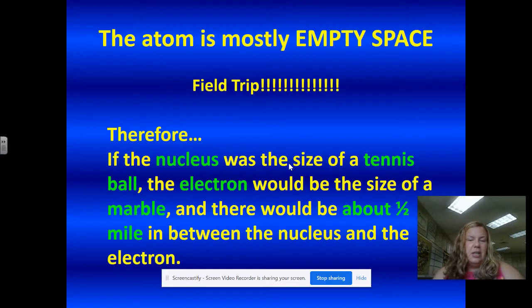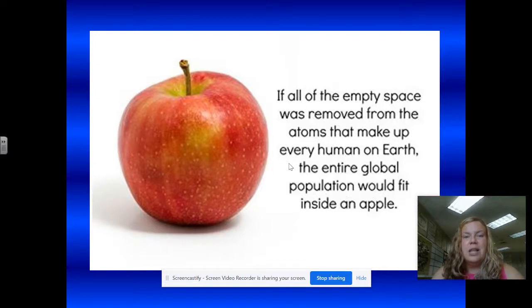Here's another way to think about it: if the nucleus was the size of a tennis ball, there would be about a half a mile difference between the nucleus and the nearest electron. I love this little fact here, and actually this was made before the population was over 7 billion. But if all of the empty space was removed from the atoms that make up every single human on Earth, the entire global population would fit inside of an apple.